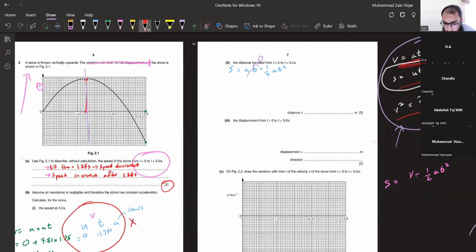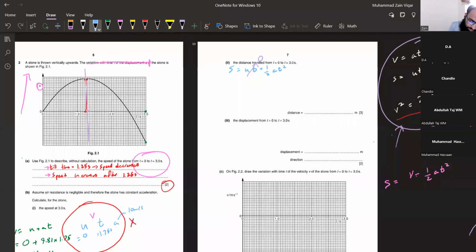So I know about vt. He was saying V minus half at square. Yeah, vt. That's the exact same formula which I've written here. They're the same formulas.